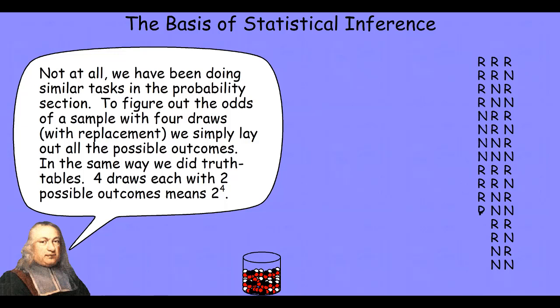Then we go to the next column, double that pattern again, red, red, red, red, non-red, non-red, non-red, non-red. 16 rows. And the final row, the top half is red, the bottom half is non-red. And in this way, we systematically lay out every possible combination of red and non-red for those 4 different draws that we could possibly have.